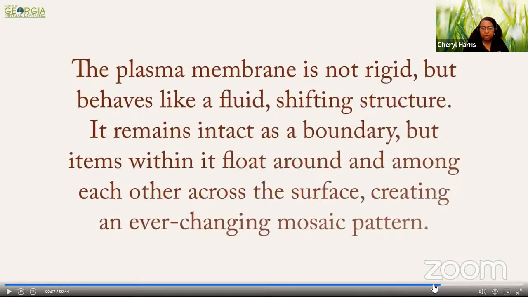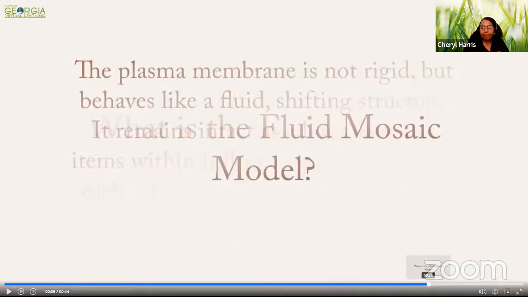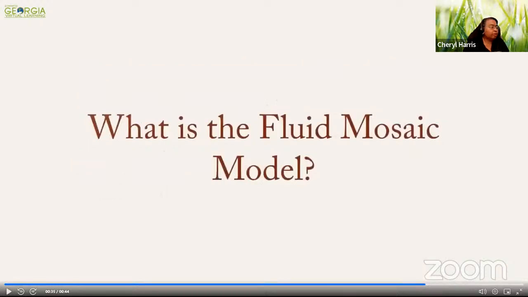All right, we'll come back to that word as well. Okay. Fluid mosaic model. Write that word down too. So the cell membrane that we're going to show you is referred to as the fluid mosaic model.